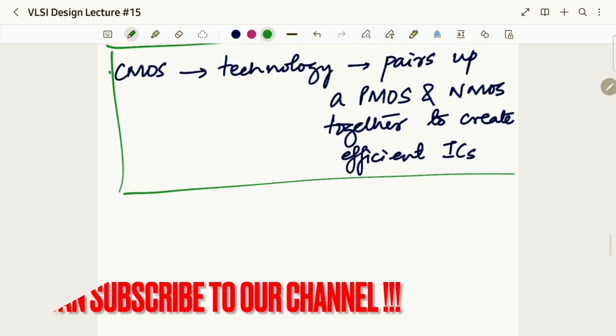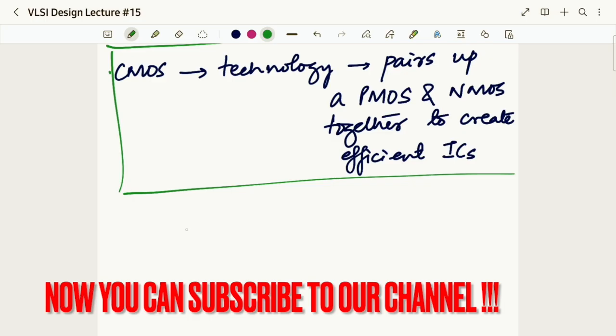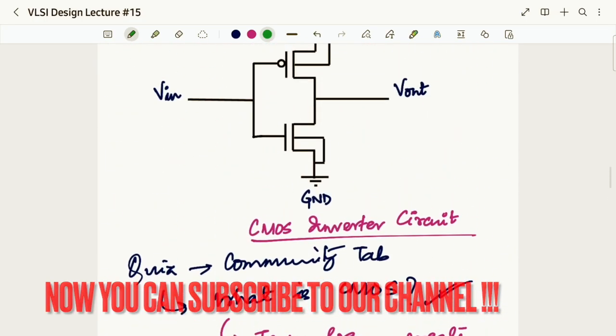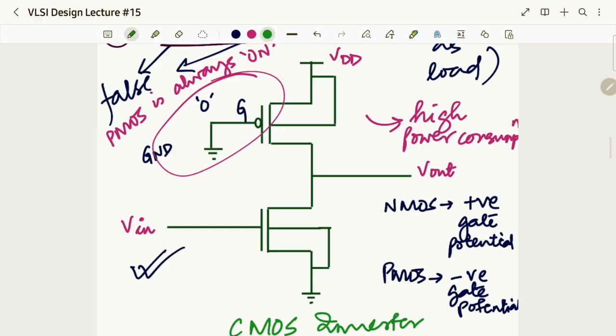Okay, and here I told you, right, what did I tell you? To turn on an NMOS we give positive gate potential, to turn on a PMOS we give negative gate potential.